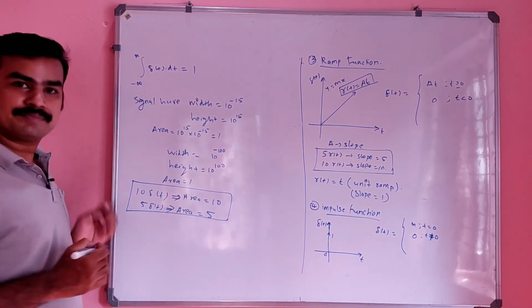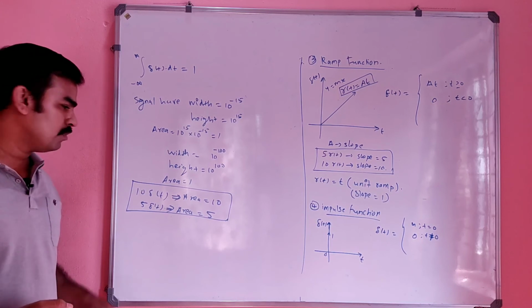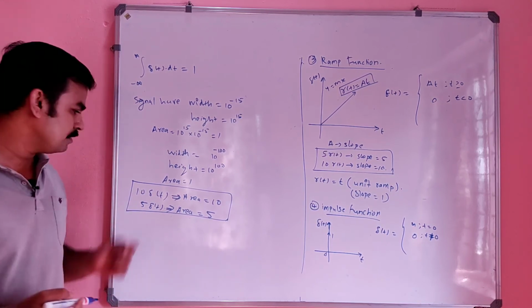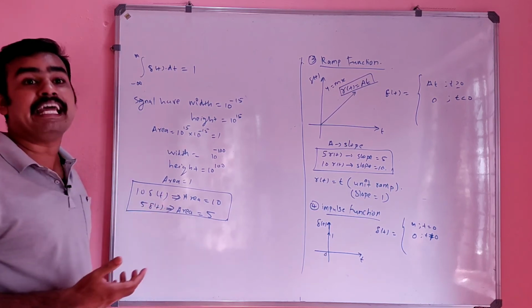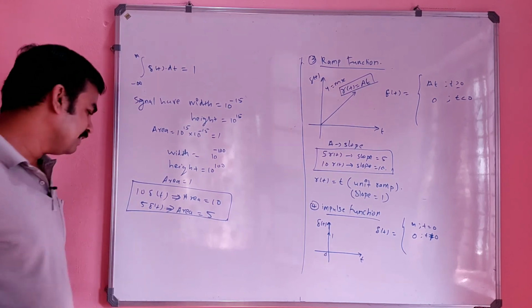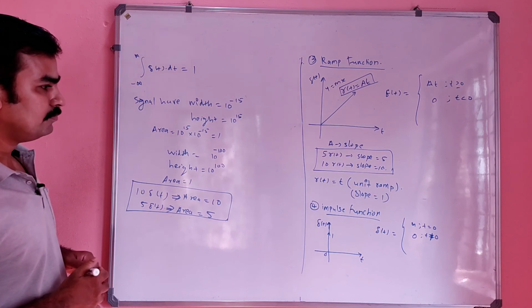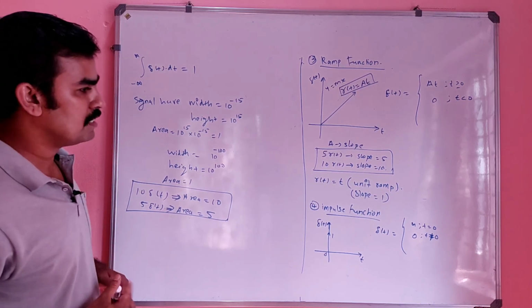Like 5 into r of t means slope, whereas 10 into del of t means the area of the curve. This impulse has an area of 10. Clear? So this is all about the impulse function.